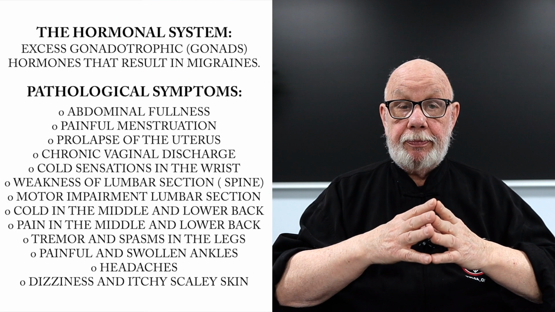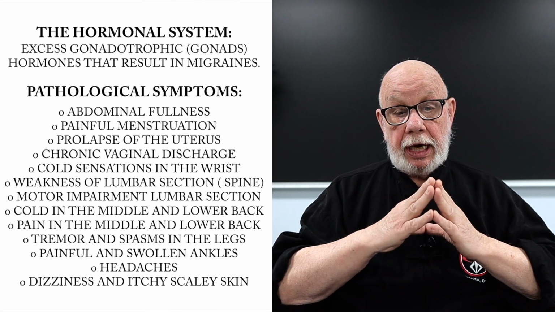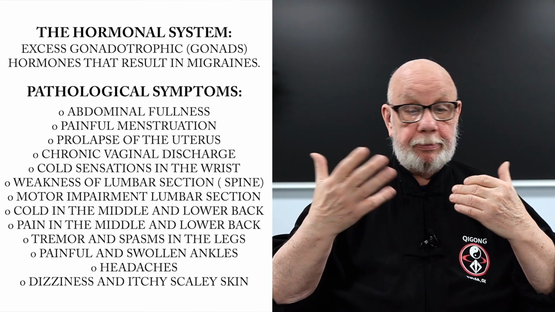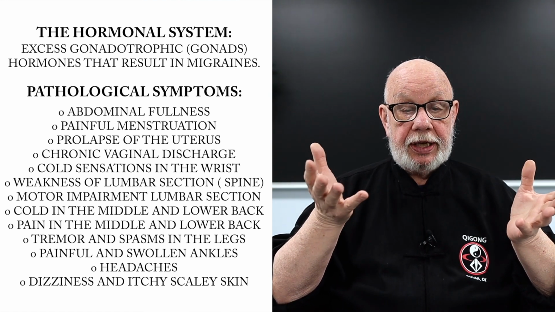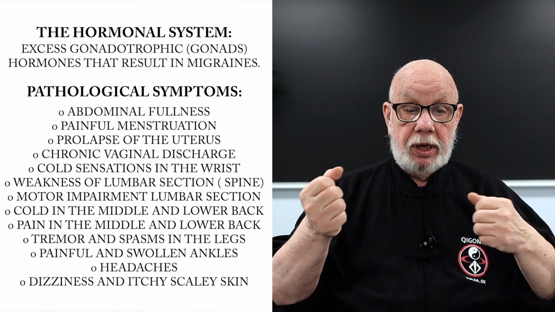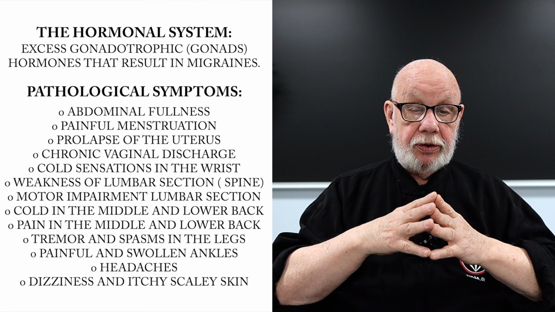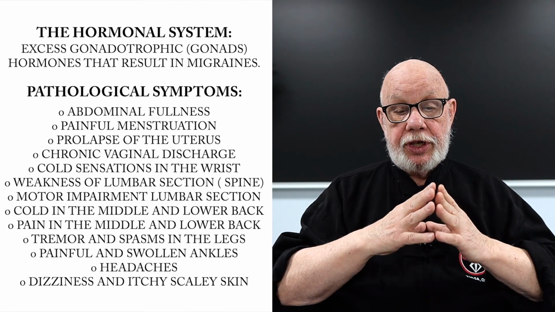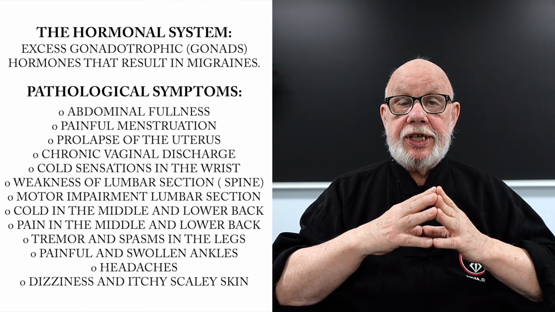The importance of it is just tremendous for the reasons I just mentioned. Improper nourishment, an improper amount of bioelectricity in this vessel, has a tremendous effect on the hormonal system. This could result in migraine headaches. Some of the pathological symptoms you might see are abdominal fullness, prolapse of the uterus, chronic vaginal discharge, cold sensations in the wrist.